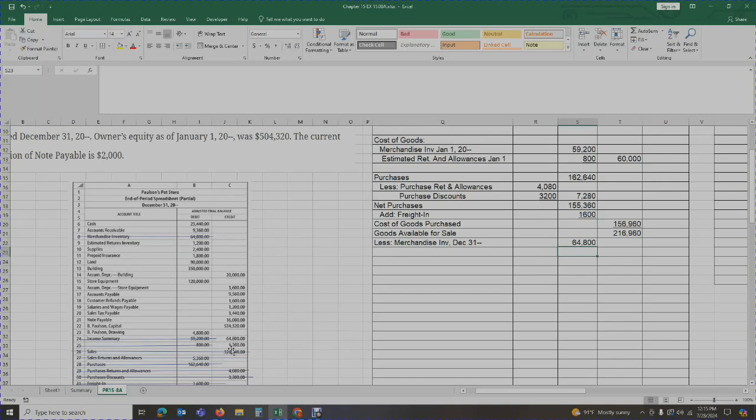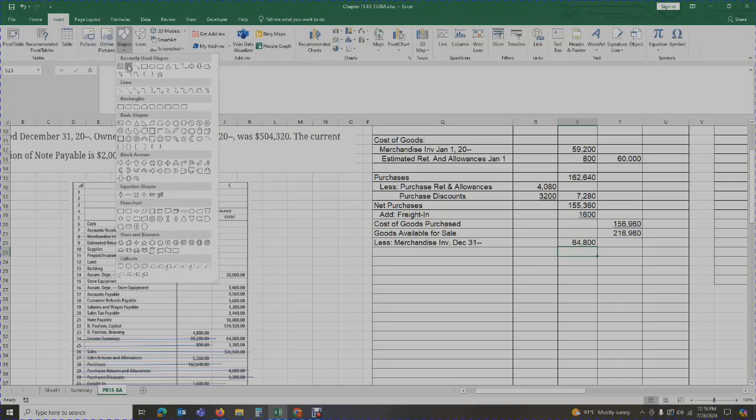Now we did estimate to have $1,200 of estimated returns. At the beginning of the year, we had an estimate of 800. We updated our estimate based on our sales going up. Because we have higher sales, we should have a higher amount of estimated returns. So we're going to get those $1,200 from the income summary account right here.